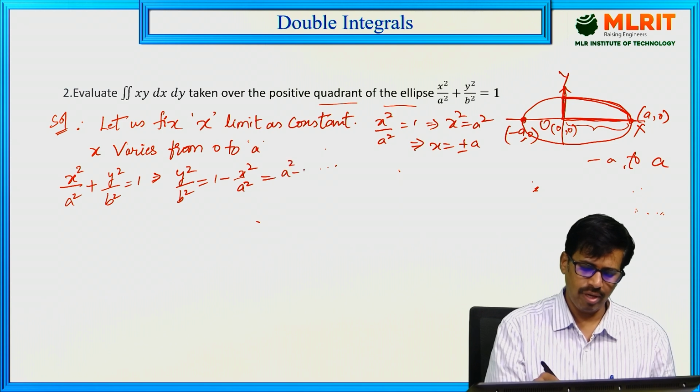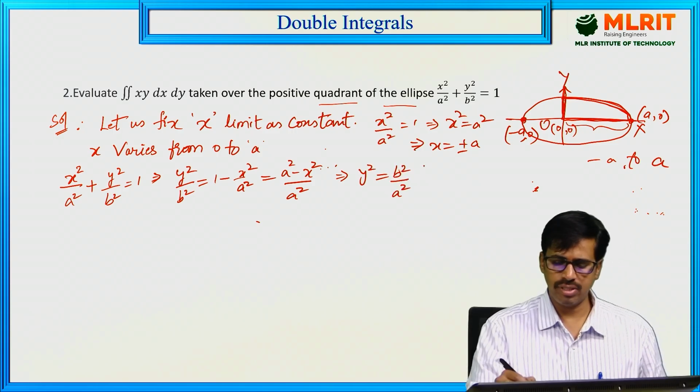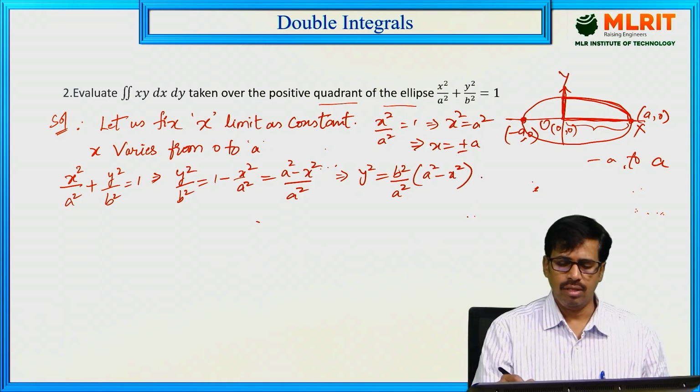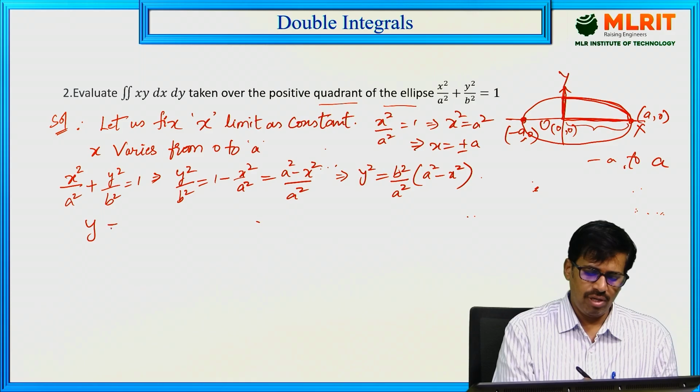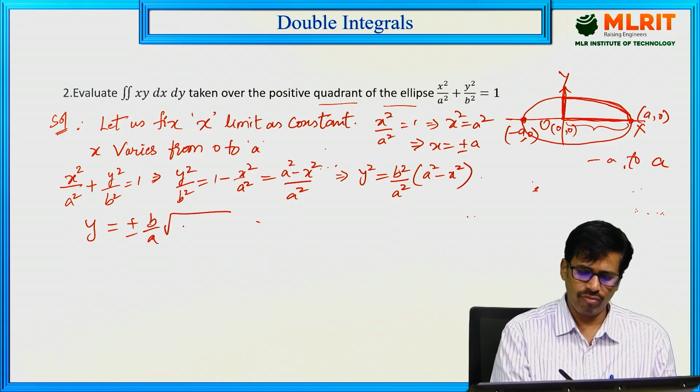So a square minus x square by a square. So that implies y square equal to, if we cross multiply, b square by a square into a square minus x square, right? So y is equal to plus or minus b by a under root of a square minus x square.